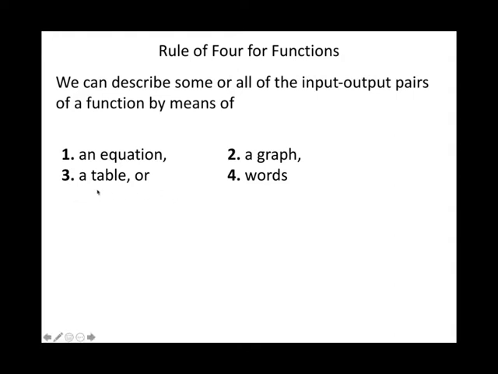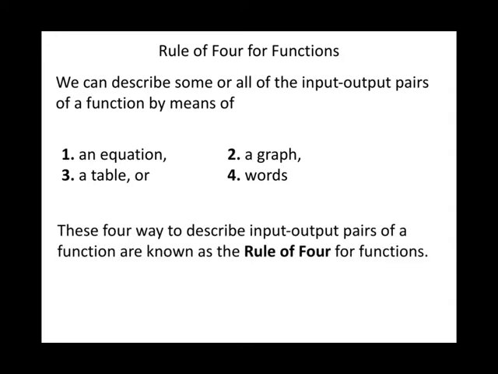A table: for the table, you could use ordered pairs to represent it. For example, y = 3x + 2, so y equals 3 times the variable x and then adding 2. These four ways to describe input-output pairs of a function are known as the rule of 4 for functions.